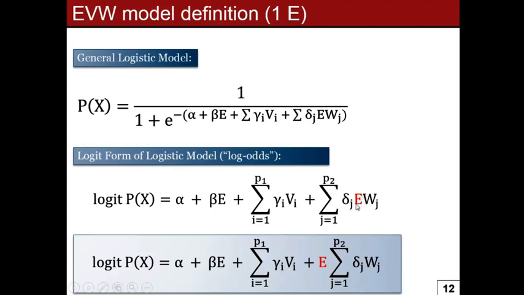E is a constant, so you can factor it out and say E times the sum of the delta Wj's. This is the nice way to write the model, the EVW model. We have alpha plus beta times exposure, the sum of the gammas times V's, plus exposure times the sum of all these pieces. For any given person, they're going to have the same value of the exposure. That's why I said E was a constant, and why we factor it out.